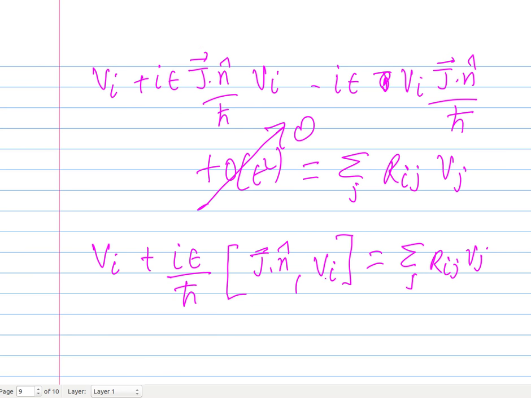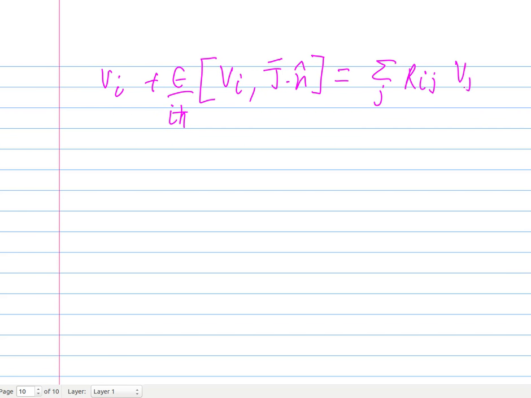So I will get vi plus epsilon by i h bar, vi commutation J dot n cap, equal to the summation over j of rij vj. Okay, so for infinitesimal rotation I get this condition.